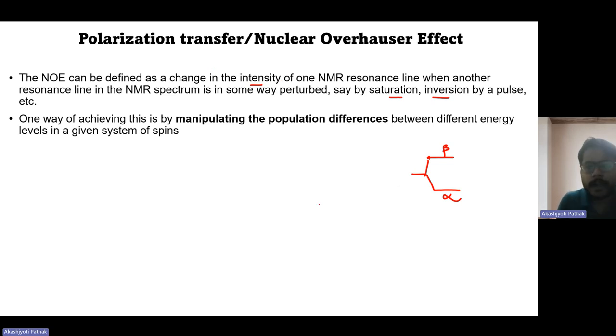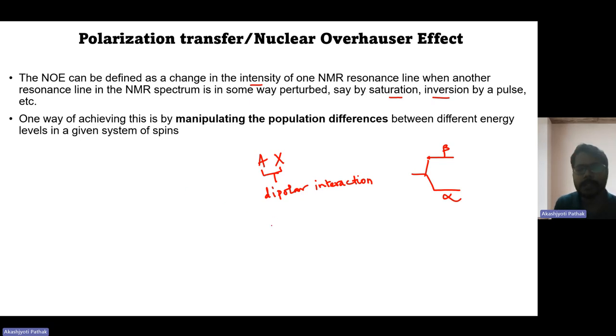What is being said here is the polarization transfer. Say there are two nuclear spin systems, A and X, and these two nuclear spins are coupled to each other by dipolar interactions. What is dipolar interaction? We know that these nuclei act as dipoles.